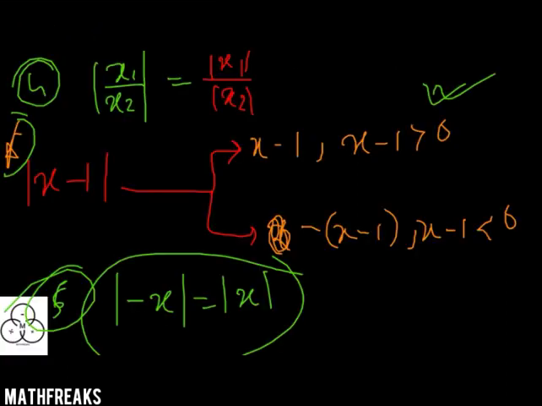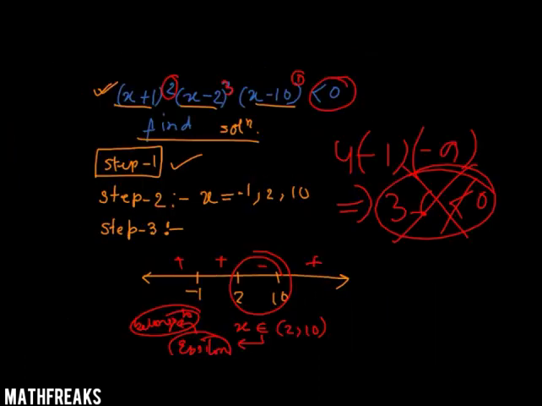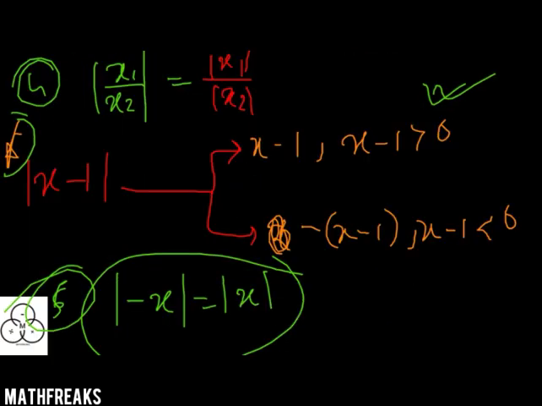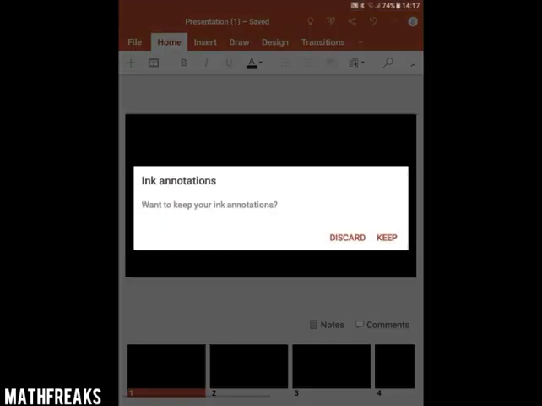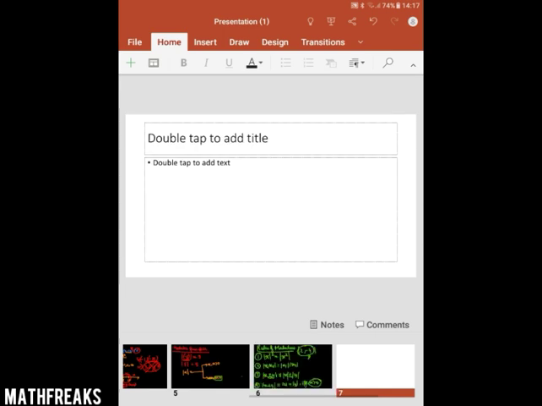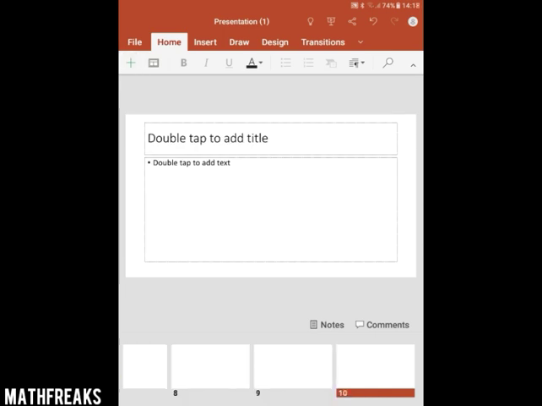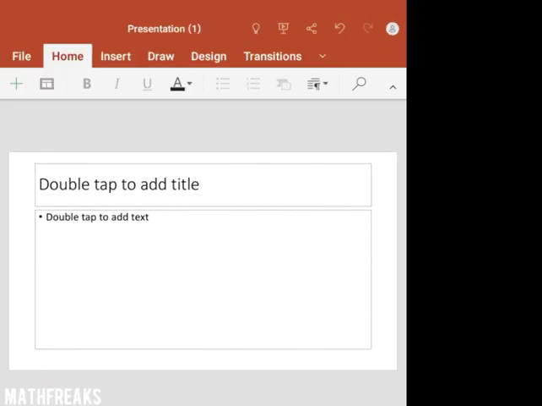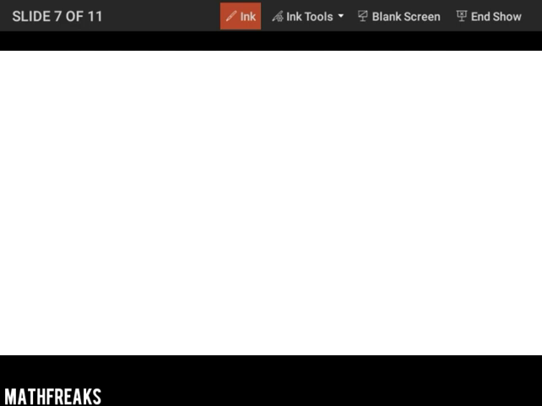Now let us do some questions. One question is that mod of mod x minus 2 minus 5 is equal to 2.